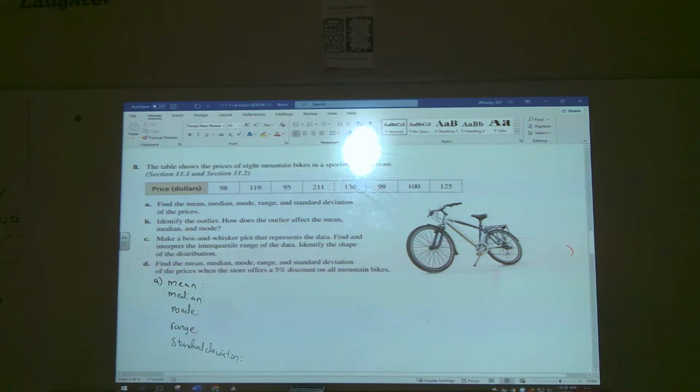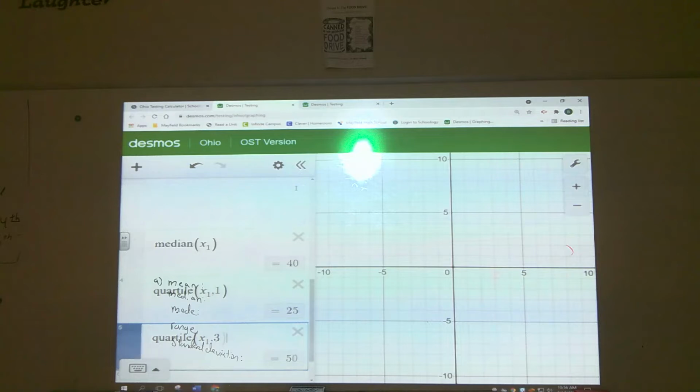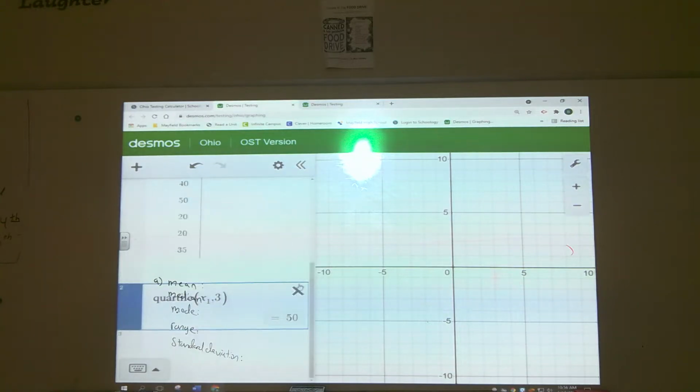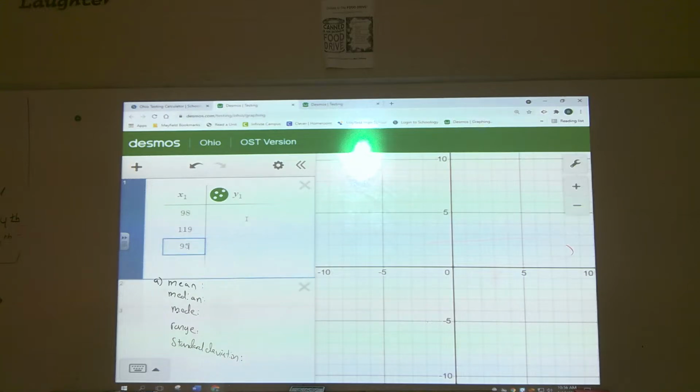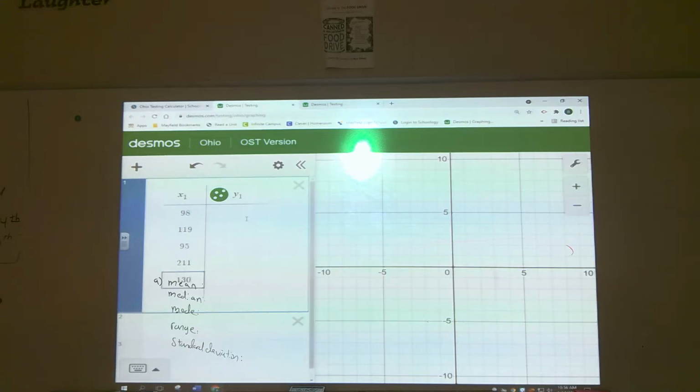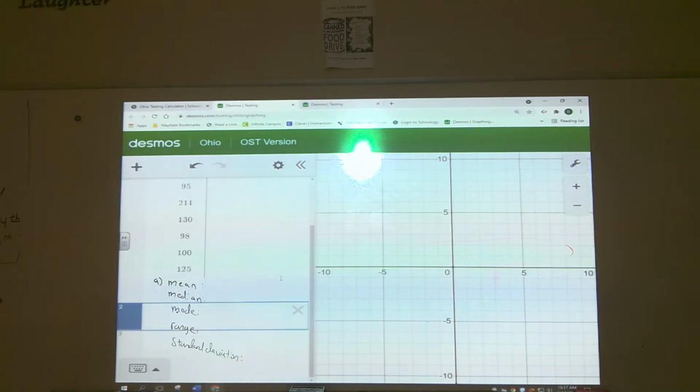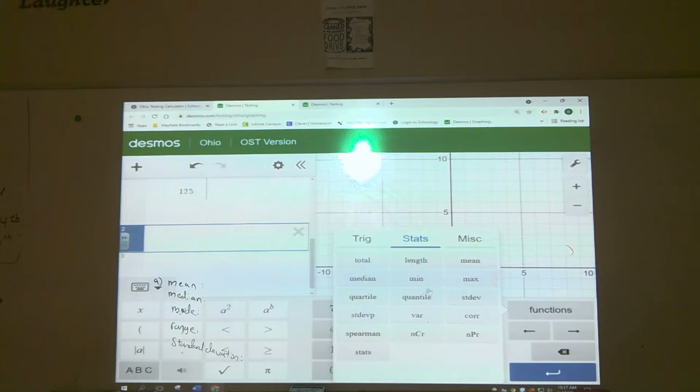I would go to Desmos, X out of everything, put in a new table, and then now that we have our data in, let's just let the calculator do the work, because we're going to have other work to do besides that.